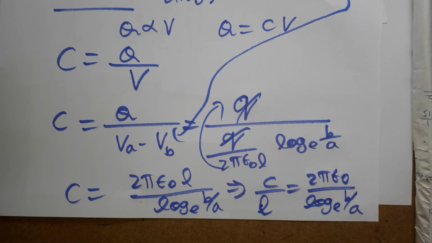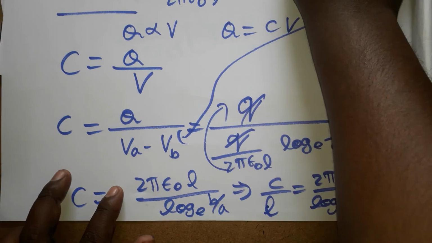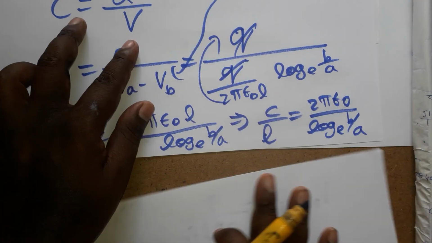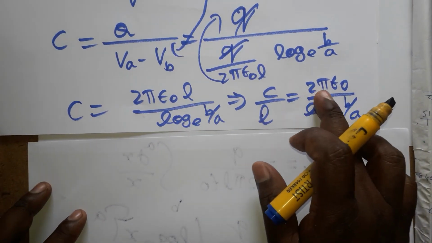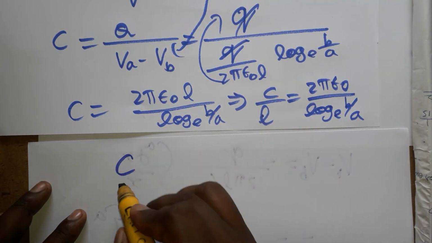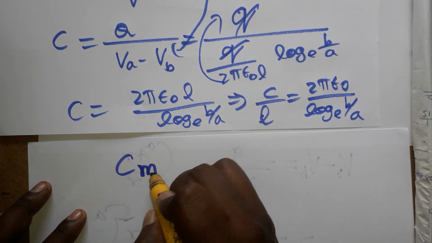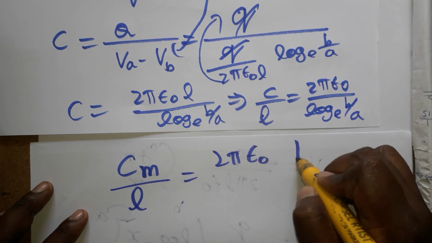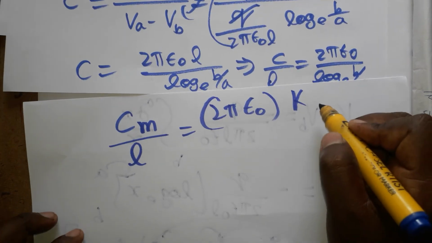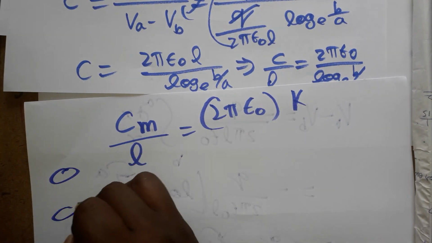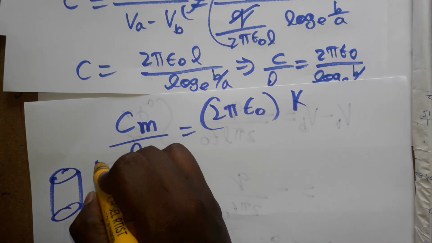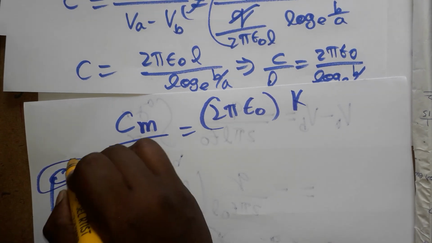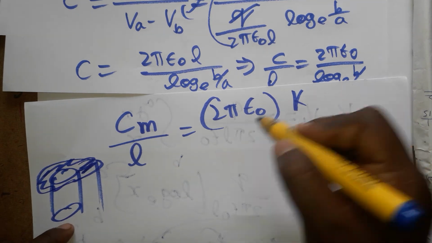When we introduce some medium, the relative permittivity, the K value, should also be included, so 2 pi epsilon naught into K. So the capacitance in medium divided by L is going to be 2 pi epsilon naught K, because based on what material you place inside the two cylinders, the capacitance value is going to increase.